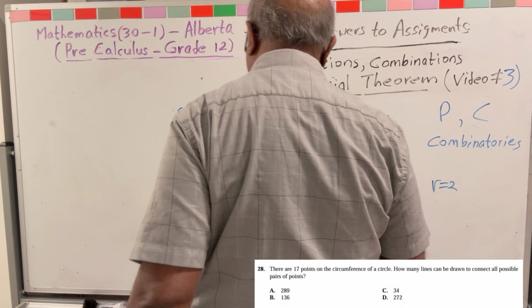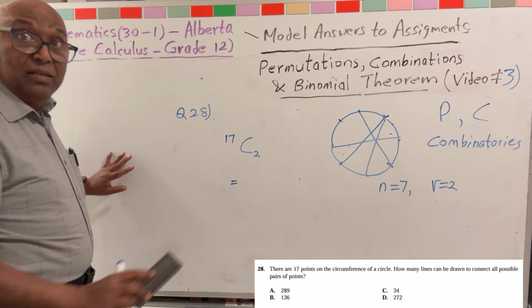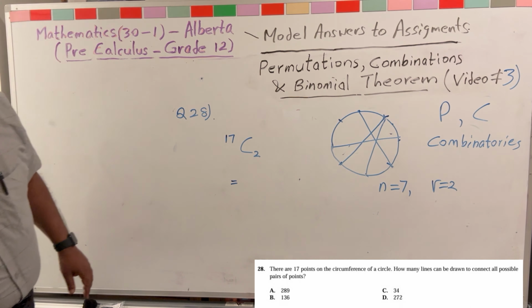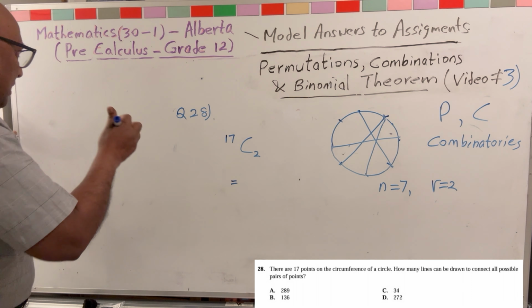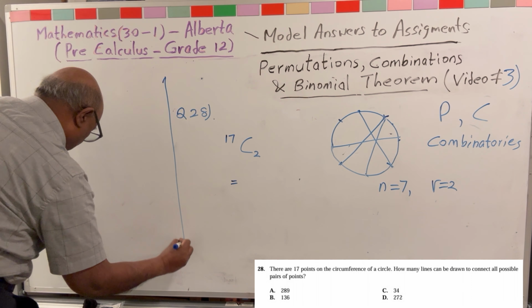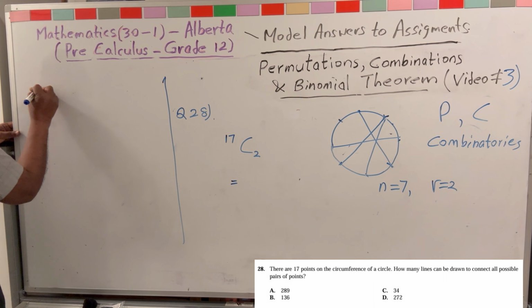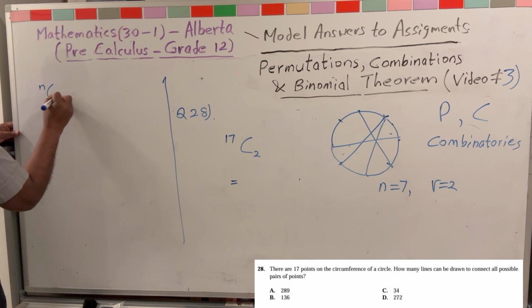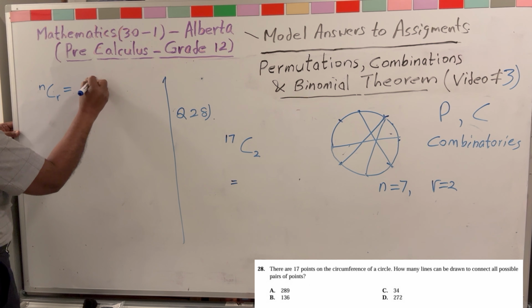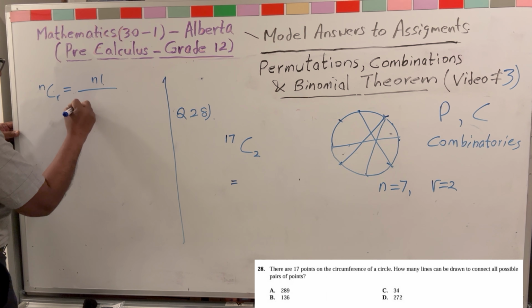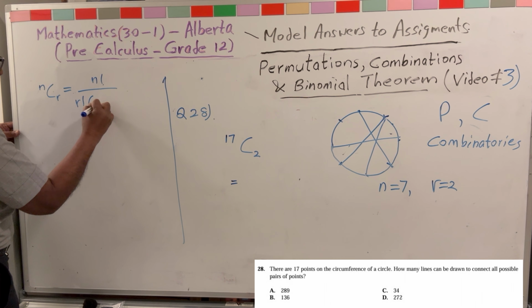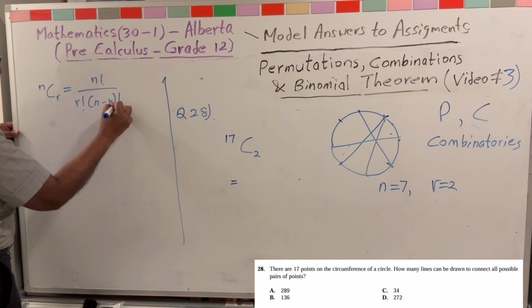Now note here, I am teaching you something different. nCr is factorial n upon factorial r, factorial n minus r.